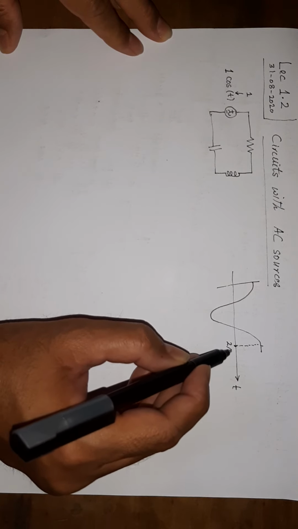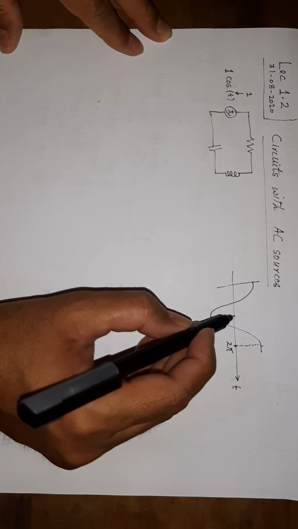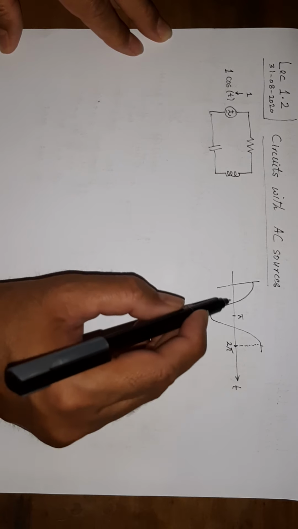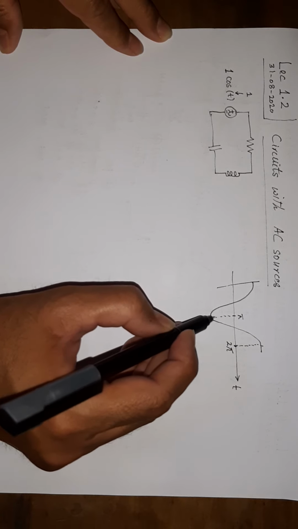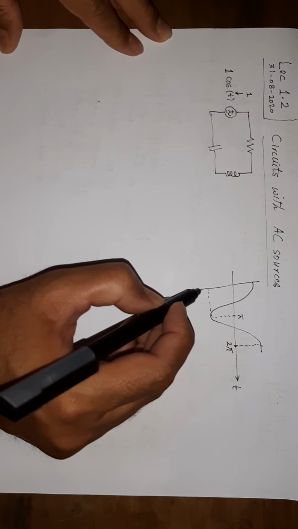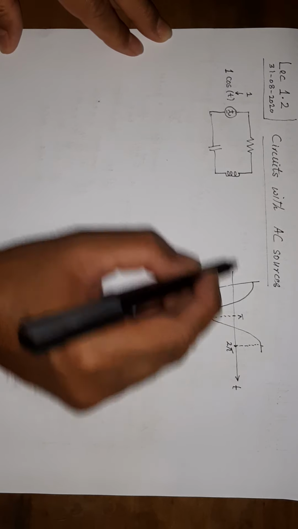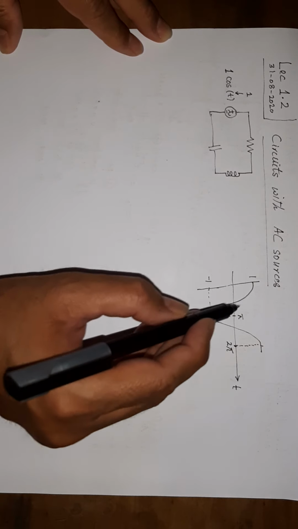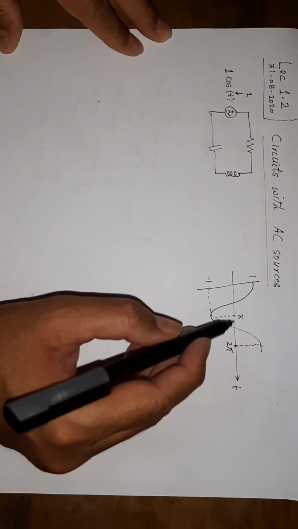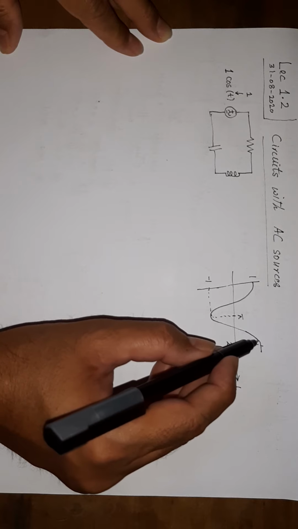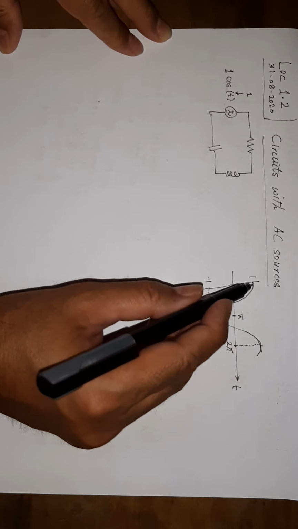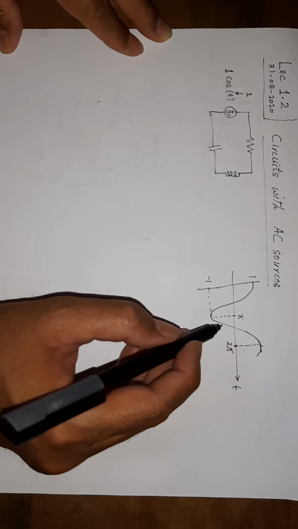You should know it is 2 pi, and half of it is pi, and at pi it is minus 1, and at 0, cos 0 is 1. So it is basically a signal or a source that oscillates between 1 and minus 1.